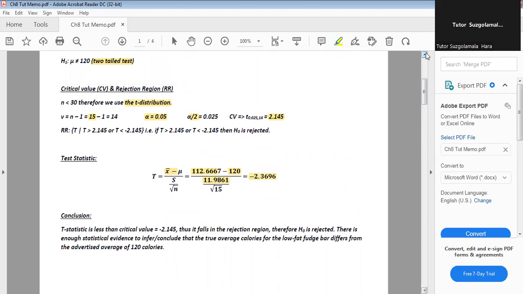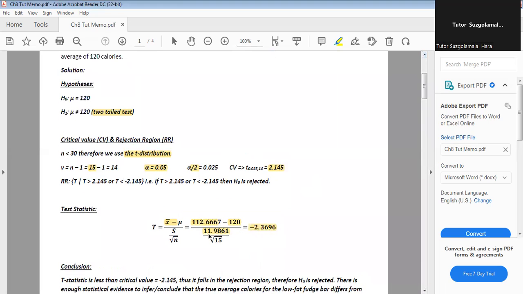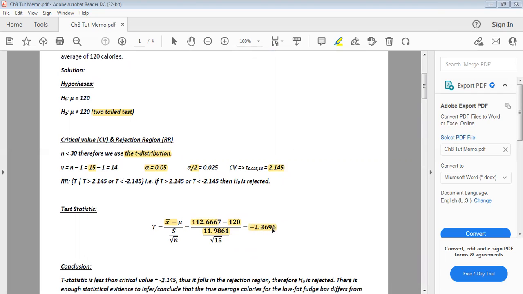So now we found that our t-test, our test statistic, is negative 2.3696. Therefore, we need to decide whether we're going to reject or accept.